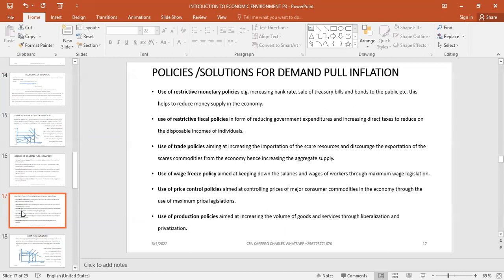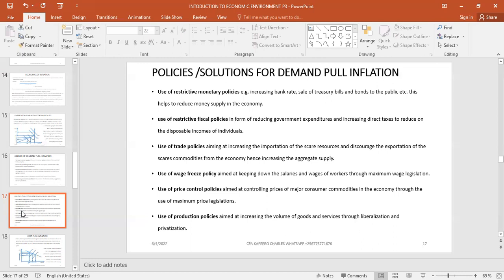When you do so, you are making sure that instead of attaining full employment, we continue producing the goods that can serve the excess aggregate demand or the excess demand for the goods. So when we increase the aggregate supply, we expect that we are going to be reducing inflation.